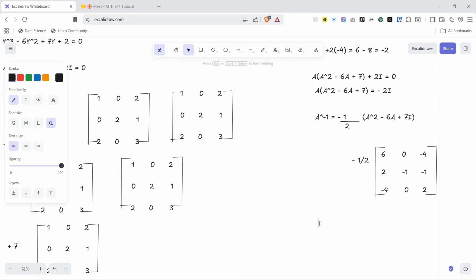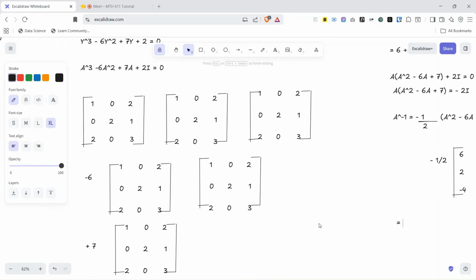The first one will be 1 times 1. 1 times 1 is 1, plus 0, plus 2 times 2 is 4.